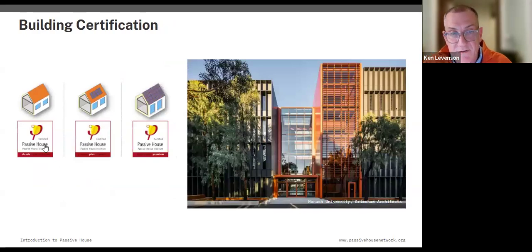These certification levels, as we were discussing, are the classic high performance building, and then we've got the plus and the premium. And each of these, as we discussed, has a renewable requirement, which increases, and a performance requirement that increases.